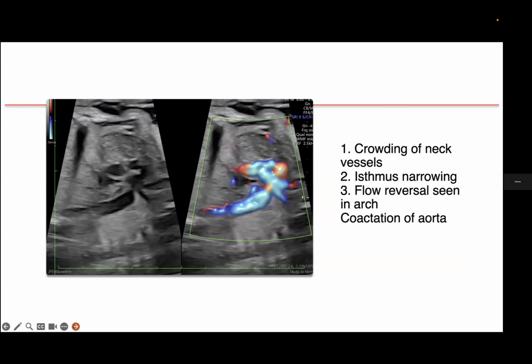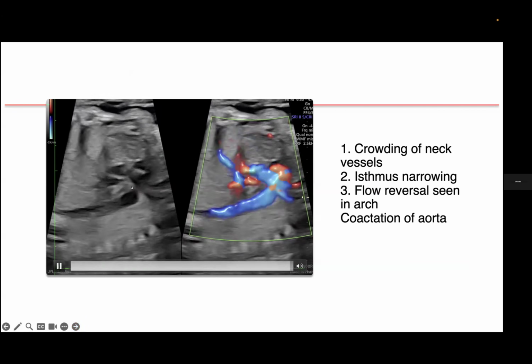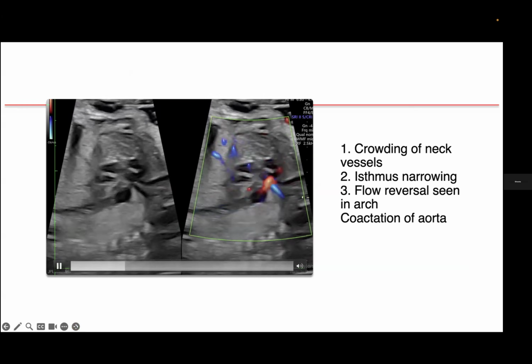But one important parameter that should be taken into consideration is the isthmus size in the transverse arch, especially in the sagittal view. As you can see here, there's a crowding of neck vessels. The isthmus looks very small here, and a clear-cut flow reversal is seen from the ductus arteriosus into the arch of aorta.